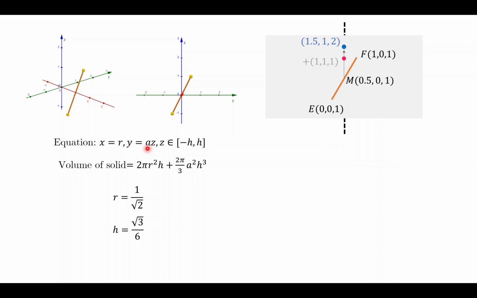To find A, we observe that previously A is basically the slope, or rather the reciprocal of the slope, but the other way we can find A is by taking a ratio.